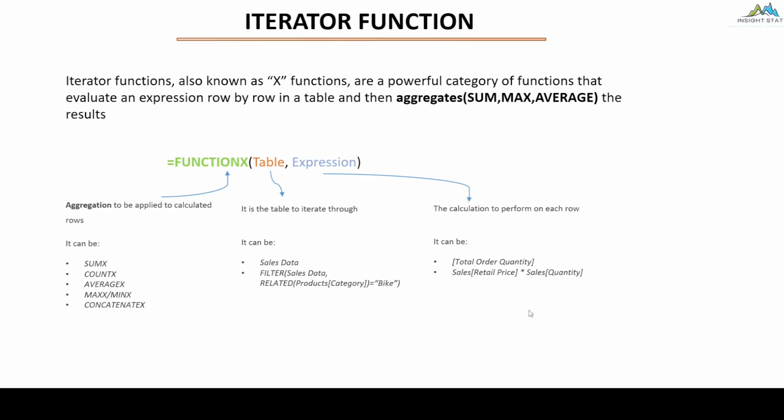For example, I can come up with a multiplication, a product between retail price and the quantity, right? And I can come up with the revenue for each and every row. So once we have the revenue for each and every row, after getting the product here, we can calculate the sum of that revenue, which will give me the total revenue.